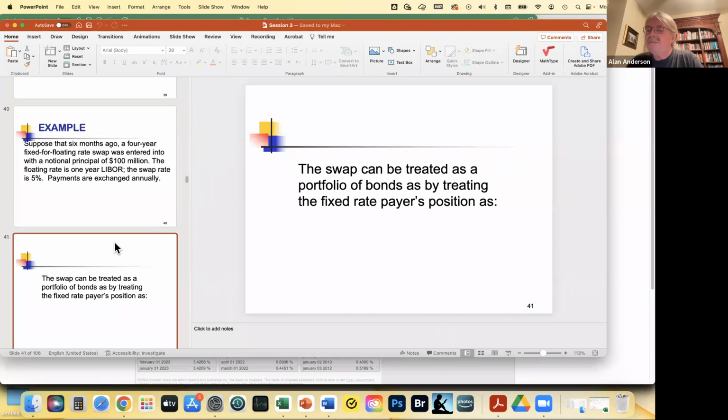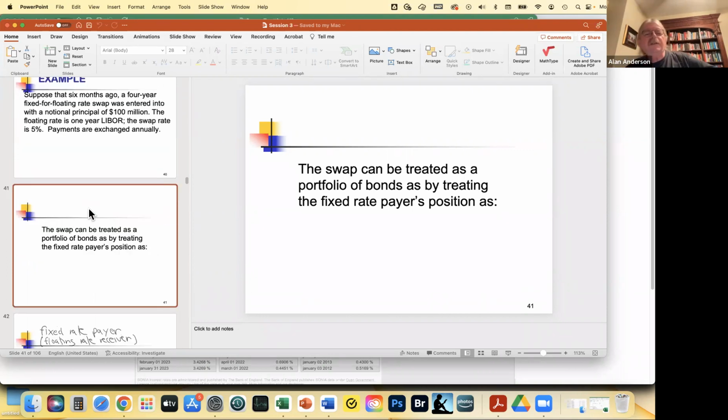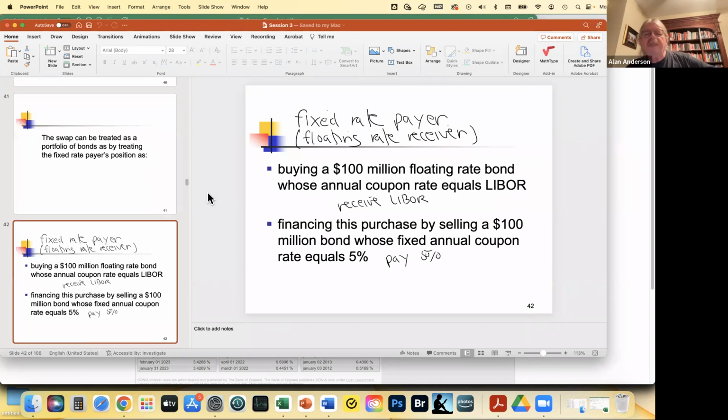So it's as if they sold somebody a fixed rate bond, which is why they're making fixed rate payments, and they're collecting floating rate coupons, which means they must have bought a floating rate bond. So this position is equivalent to buying a floating rate bond and simultaneously selling a fixed rate bond.